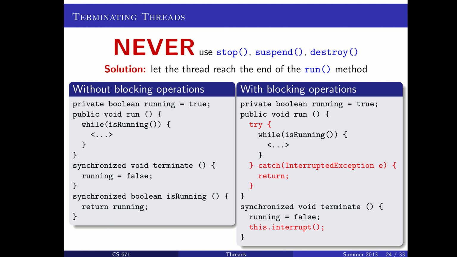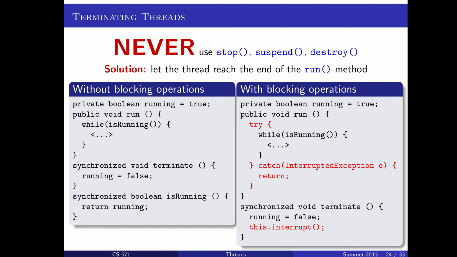There exist some very hard-line methods for terminating threads. You can call stop, suspend, or destroy to forcibly stop a thread, suspend its execution, or destroy it entirely. And these are almost always bad.